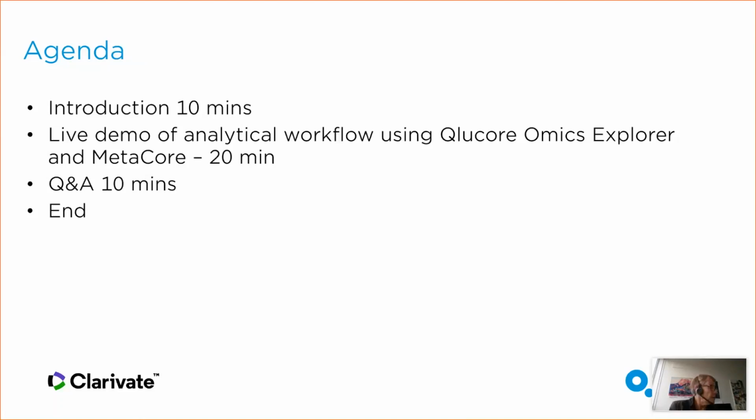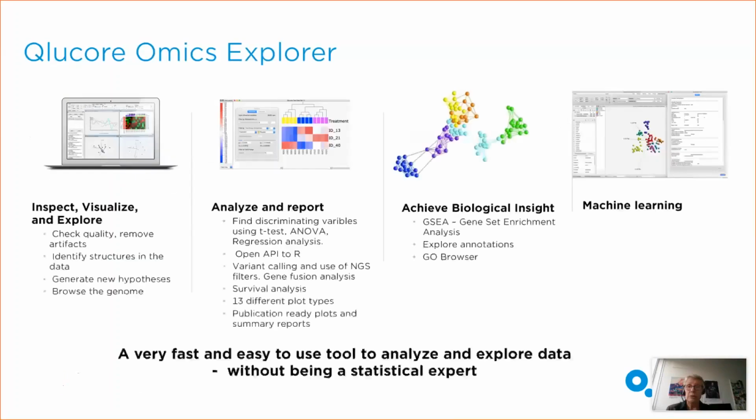So let's now quickly start by introducing the two softwares to you. So Qlucore Omics Explorer is a very fast and easy to use tool to analyze and explore data without being a statistical expert. And the software has a lot of functionality.